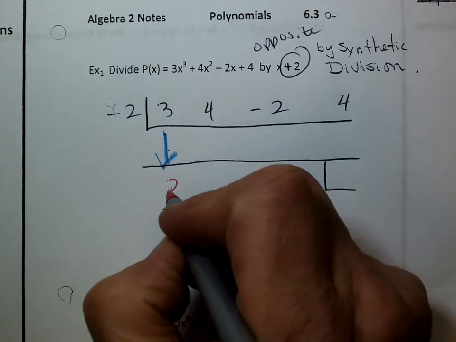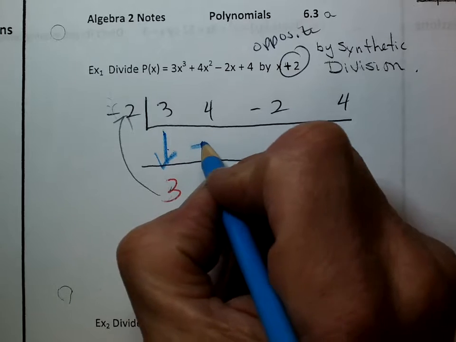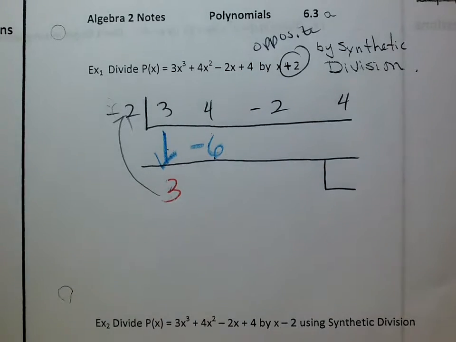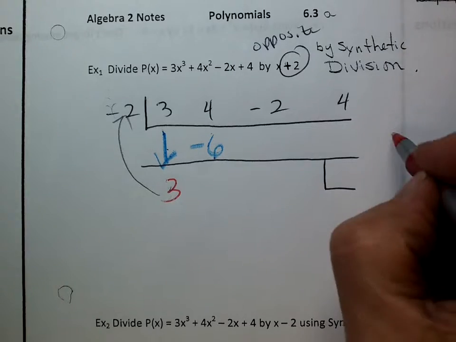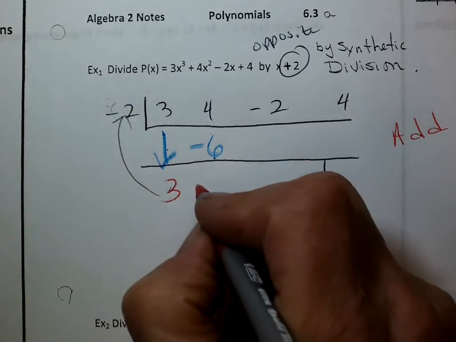And then I multiply. 3 times -2 becomes a -6. Put your -6 right there. And then add. We're going to get a -2.